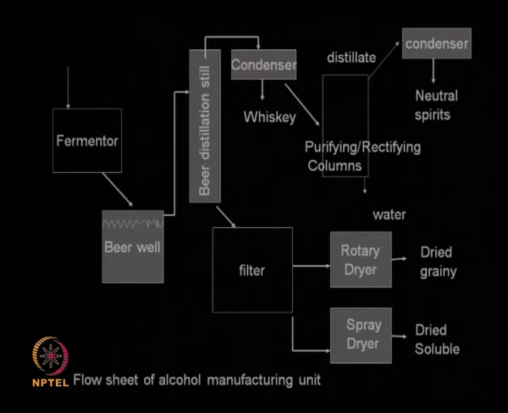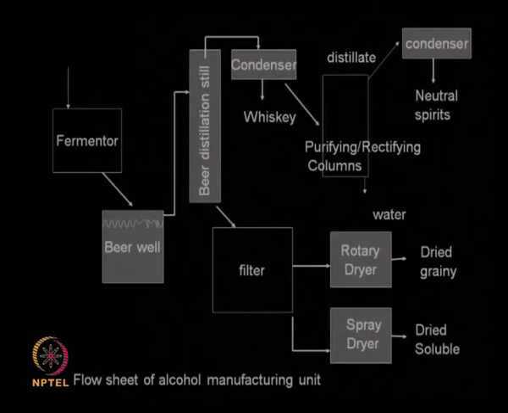One important point, if you all remember, ethanol and water form an azeotropic mixture. That means you cannot purify the ethanol beyond 89% unless you have certain azeotropic separation techniques, if you want to reach 99 or almost 100% ethanol.